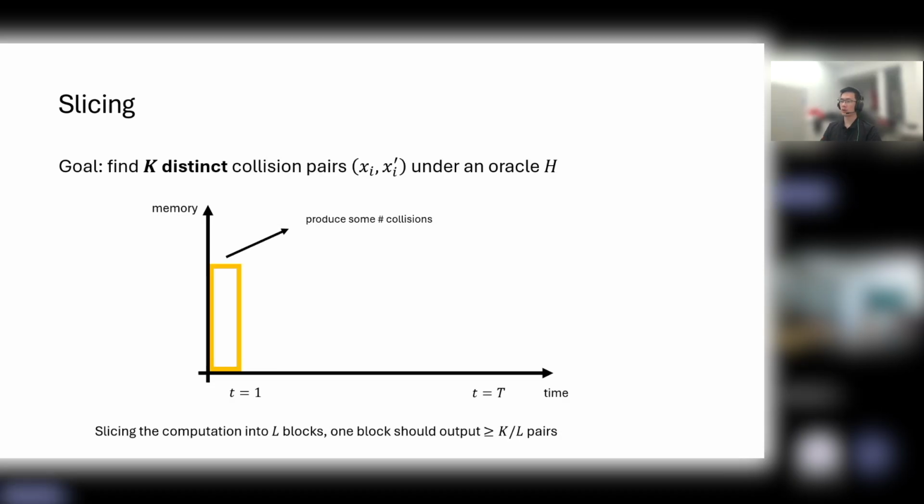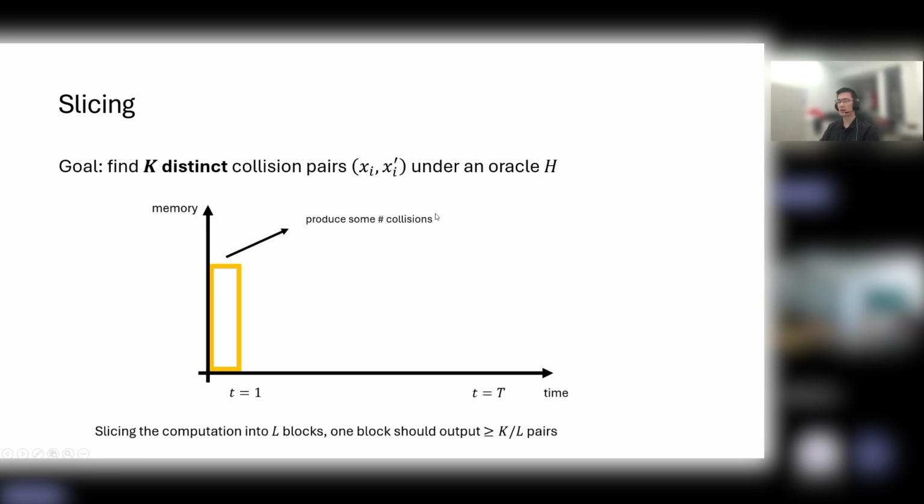So if there are, let's say, k collisions in total, then there must be a block or a slice that contributes at least k divided by L pairs. But now let's replace this number of collisions with, let's say, one collision.